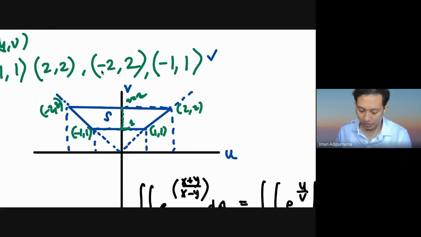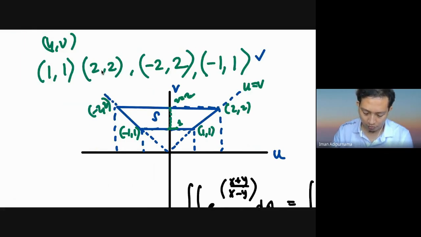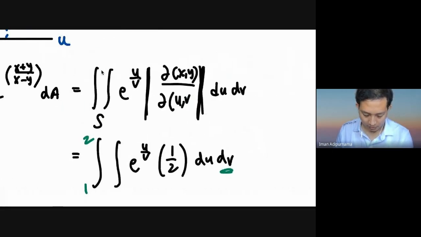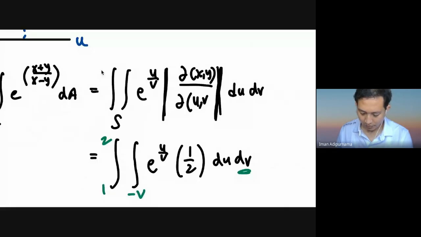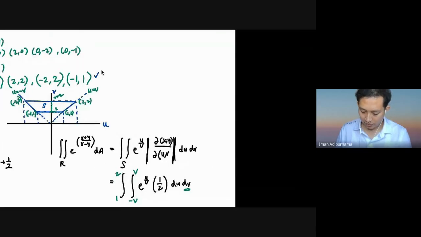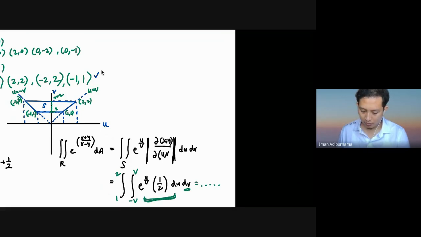The equation of u is related to v. This will be u equal v, and this will be u equal negative v, right? So this will start with negative v, and this will be v. And by doing that, you can basically solve this problem, because I think it will be easy to integrate, right? Okay.